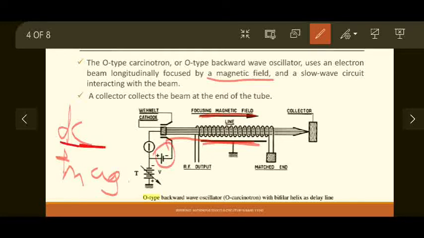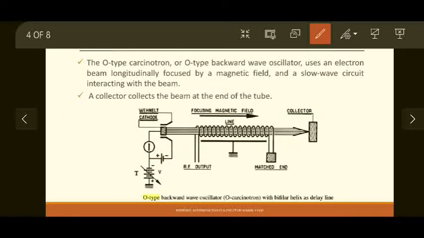The DC voltage provides an electric field, and the magnets are providing a magnetic field for focusing the electron beam along the tube. So remember that. A collector collects the beam at the end of the tube.